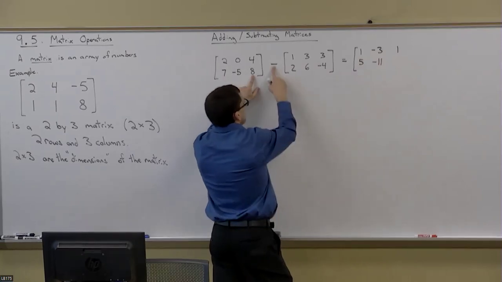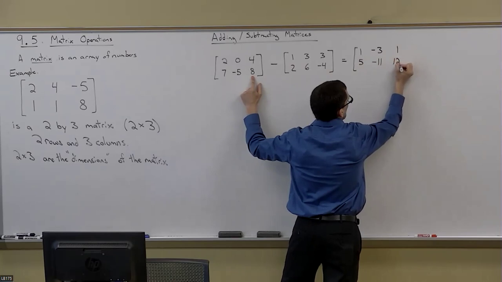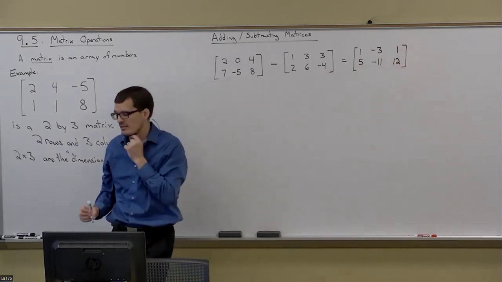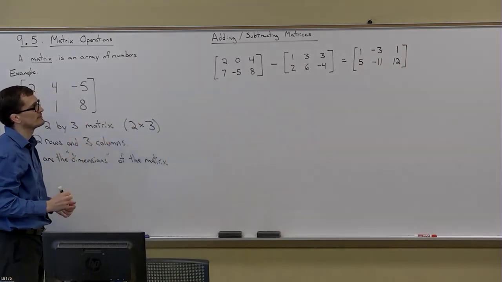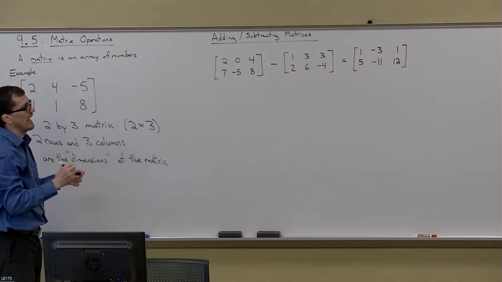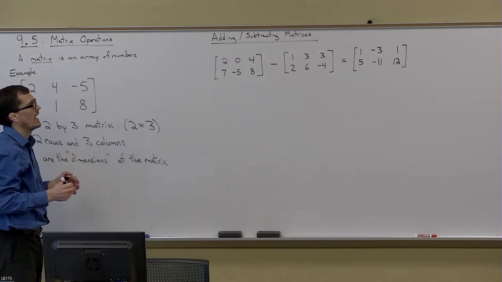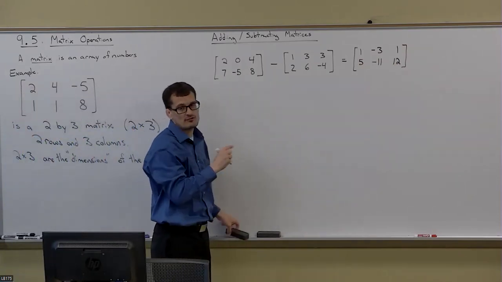And 8 minus -4 gives me a +12. Be careful when you're subtracting a negative there. In fact, we're adding 4 on that last entry. So when you're adding or subtracting, dimensions have to match up perfectly. And if they do, it's just entry-wise.